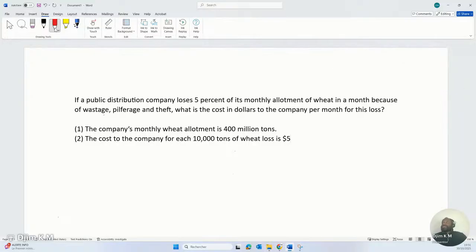Hello. So if a public distribution company loses 5% of its monthly allotment of wheat in a month because of wastage, pilferage, and theft, what is the cost in dollars to the company per month for this loss?